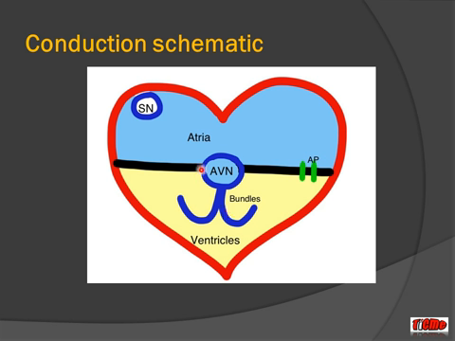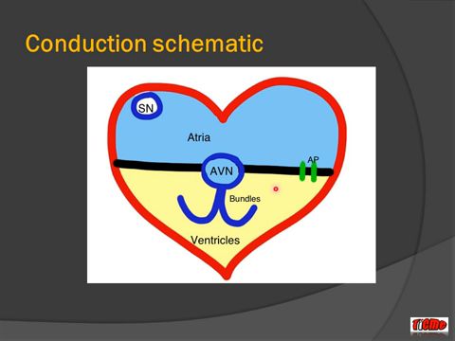Narrow complex tachycardias occur when the signal is originally generated above the ventricles in the node, the AV node, around the AV node, the atria or the sinus node, and then the signal is conducted through the AV node and through normal bundles of His, so that the signal spreads rapidly through the bundles, the superhighways of conduction, into the ventricles. The time frame for ventricular depolarization is short, so the QRS complex is narrow.